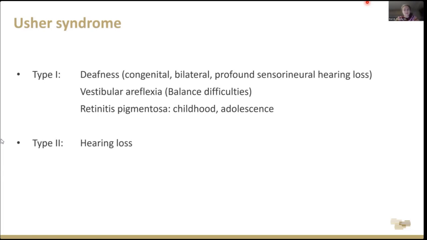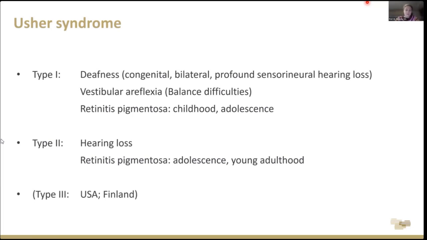Type 2 is a little bit less severe, where we have hearing loss, also congenital, and no vestibular areflexia, no balance problems, and children develop retinitis pigmentosa at a somewhat later age, meaning more in the teenage span and young adulthood, when first symptoms become obvious.